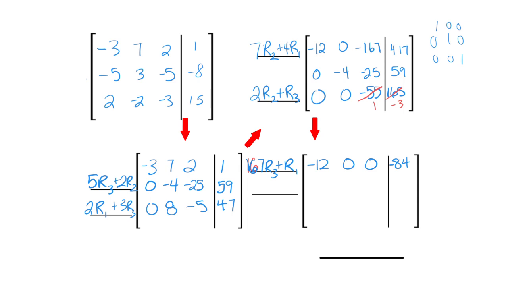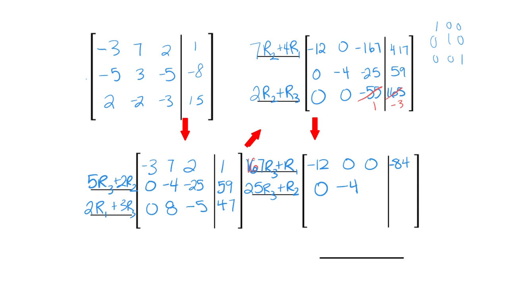Let's do one more. I am working on this 0 here. I want this negative 25 to be a 0. So that means I'm going to take row 3 times 25, add it to row 2, and the first one's going to be zeros. 25 times 0 plus the negative 4, that's just a negative 4.